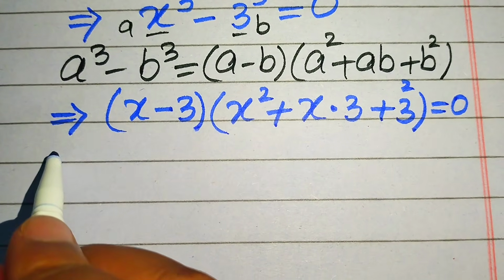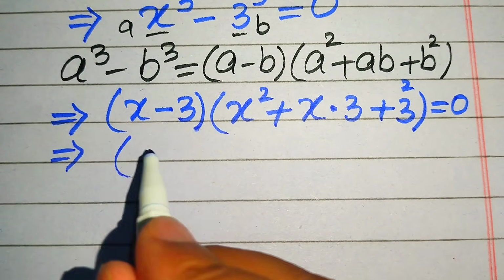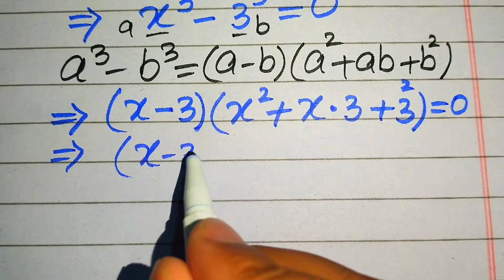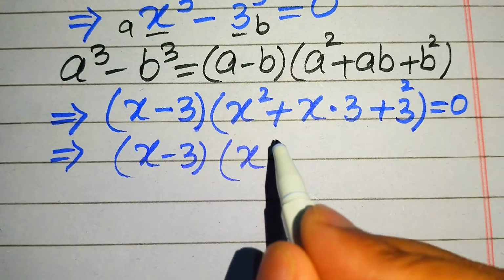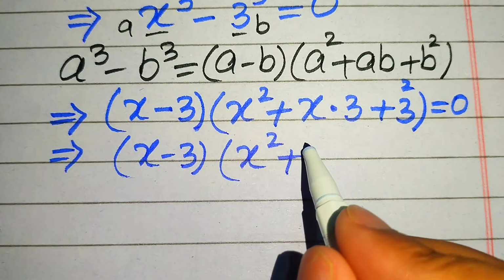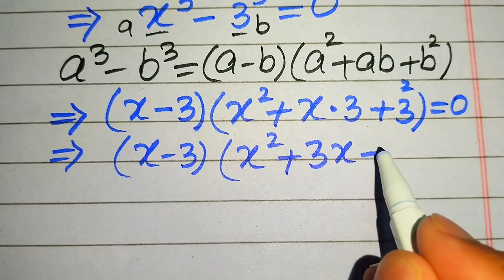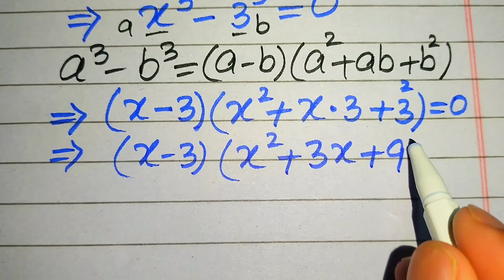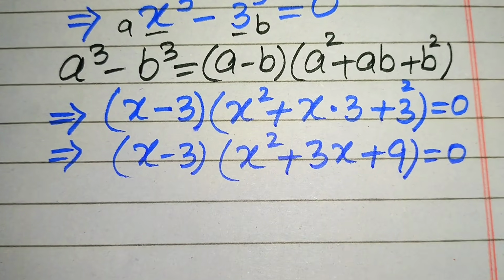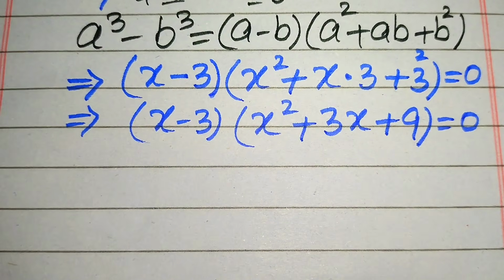In the next step we simplify: x minus 3 times x square plus 3 times x plus 3 square, which becomes 9, and this whole equation equals 0.